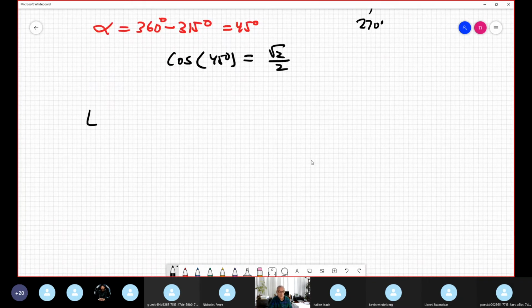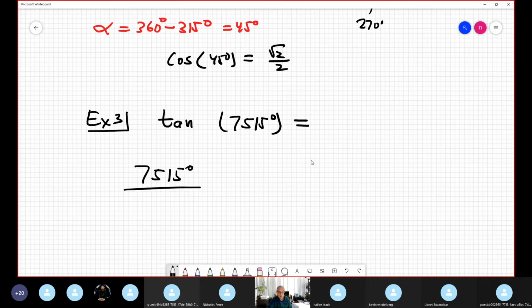Example 3. Suppose tangent 7,515 degrees. Okay, you take 7,515 degrees divided by 360. You put in the calculator, of course, and the answer is 20.875.